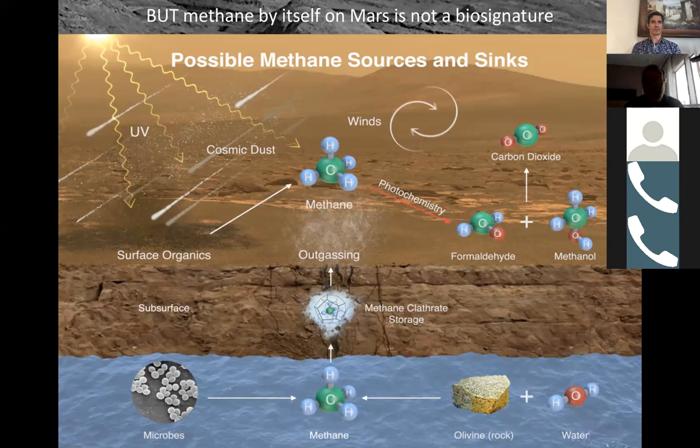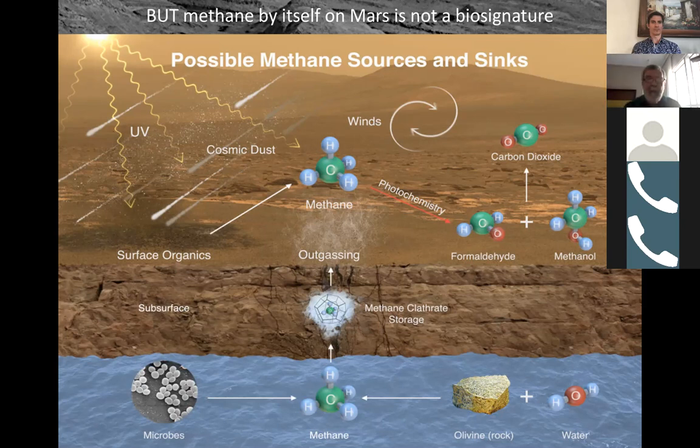We know that when we have meteor streams and cosmic dust falling into a planet, like the shooting stars we see on Earth multiple times a year, they go through the very thin atmosphere on Mars, and they do burn up a little bit, but a lot of that organic material makes its way down to the surface, and potentially ultraviolet radiation could break it apart and produce some methane.